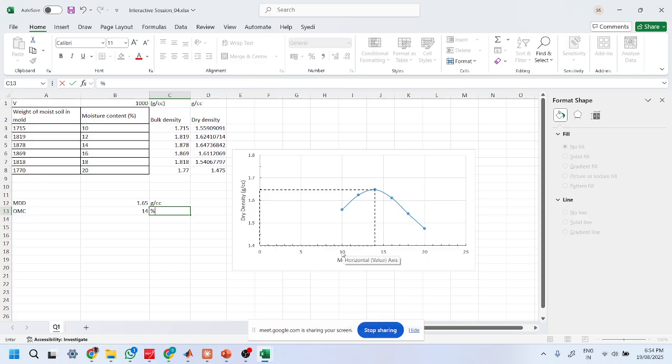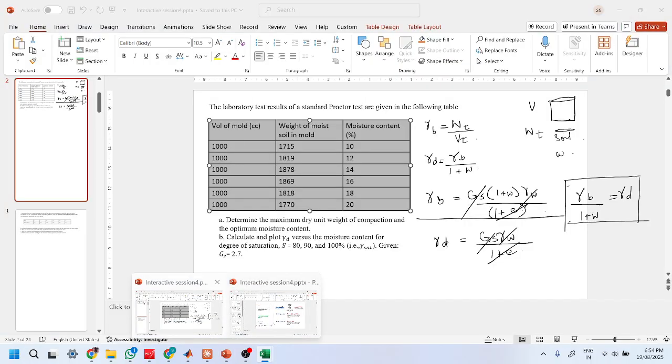After taking the sample, we check the density. Here, gamma d represents the dry unit weight, it is the maximum dry unit weight of compaction of the method.